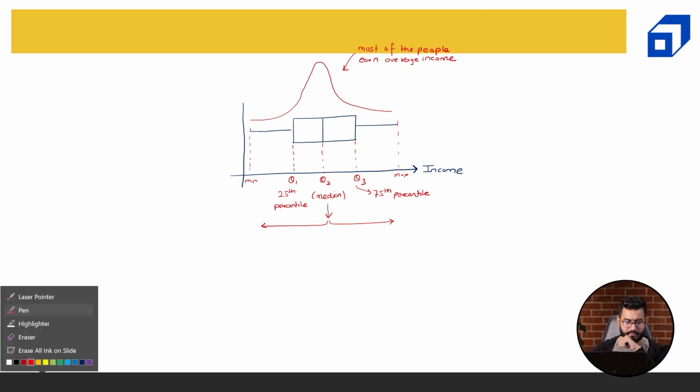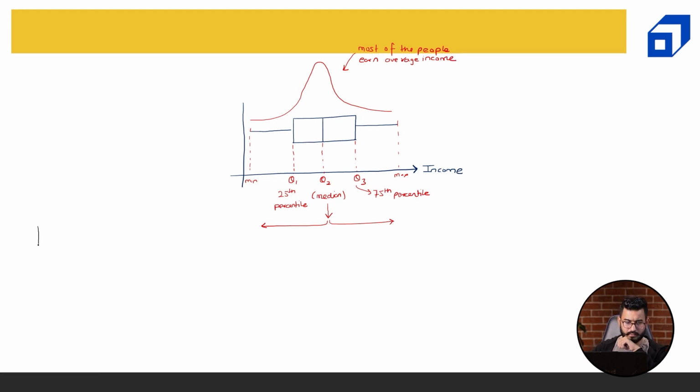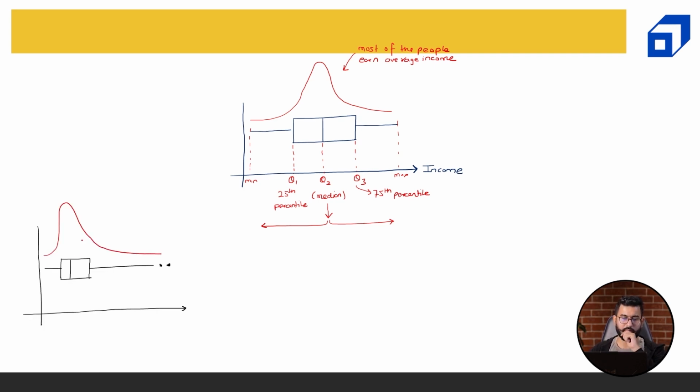Now if I'm having a box, let's say like this, this box represents a right skew distribution. So if I plot a distribution, it will look something like this. So this is a right skew. Now what is the meaning of this? This basically means the majority of the customers are on the lower scale.